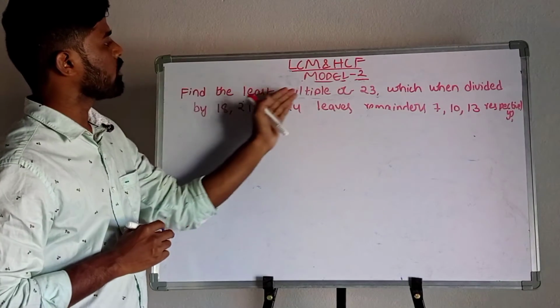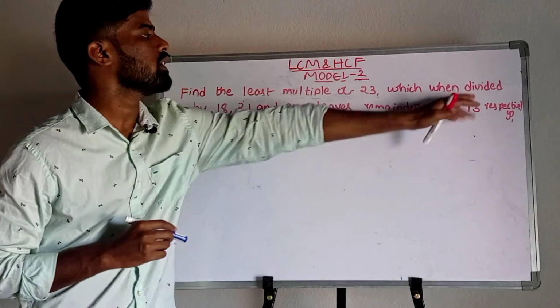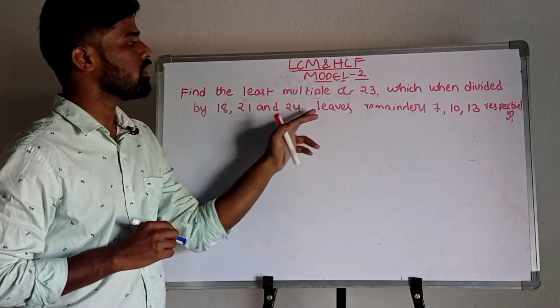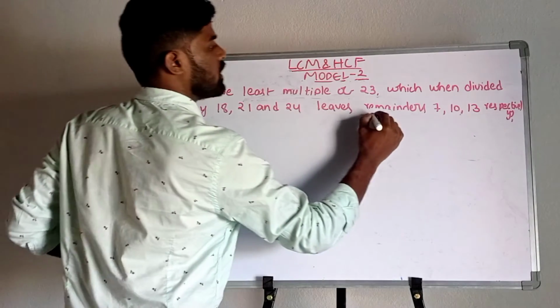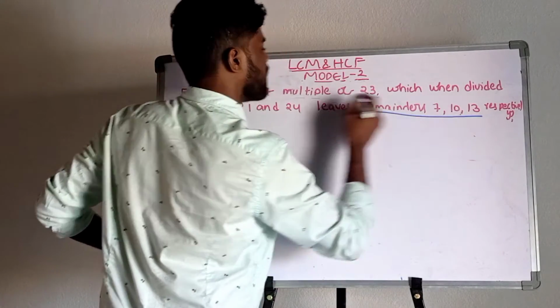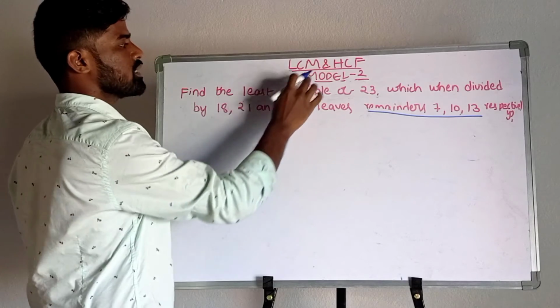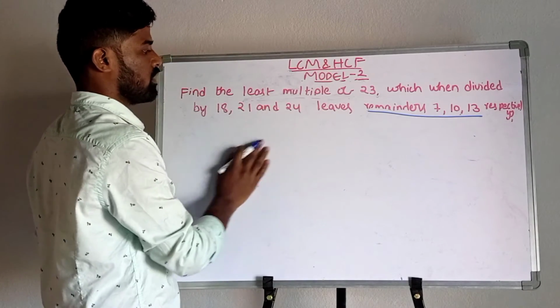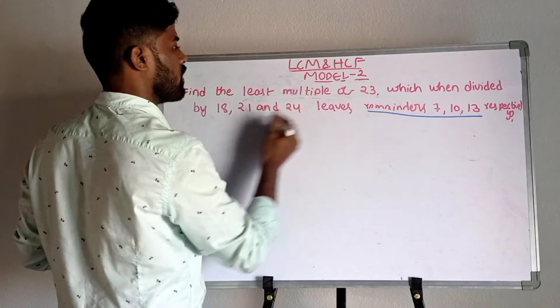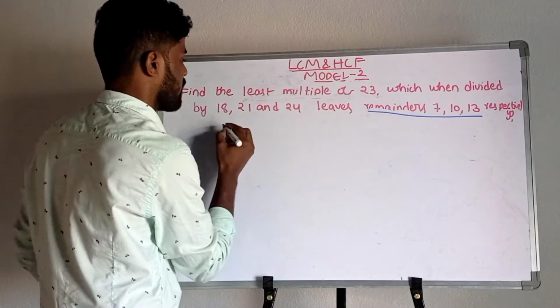Here we have to find the least multiple of 23 which when divided by 18, 21 and 24 leaves remainders 7, 10, 13. Here the remainders are different in each case, whereas in model 1 the remainder is the same in all the cases. Now we will see how to find when the remainders are different.